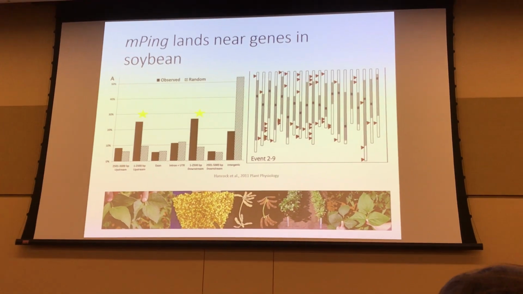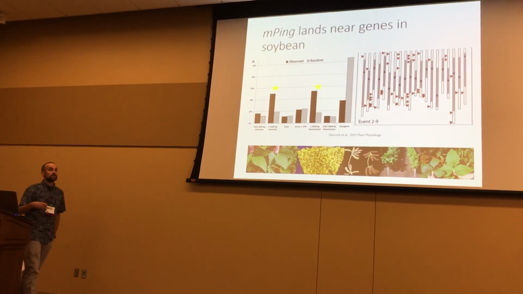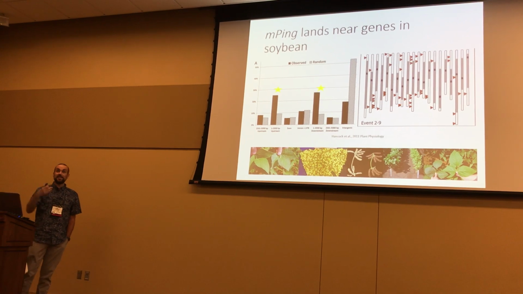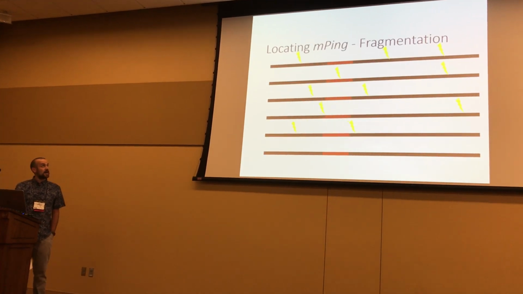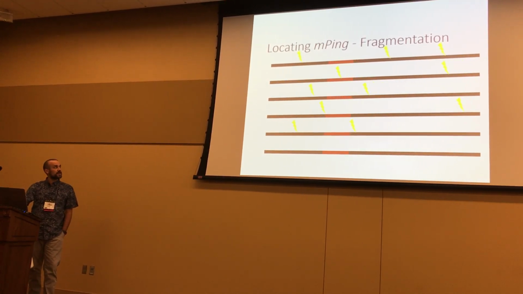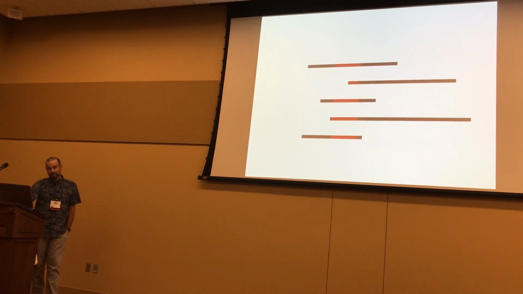And so it's been transformed into soybean, and now we're really trying to monitor its location. So it's moving around. We need to know where it's landing. If it's in an interesting gene, we can follow up on that gene. And so to get there, we use high-throughput sequencing, and it's a very simple library protocol that if you're doing genomic work, you're probably familiar with the major steps. Fragmenting your DNA.